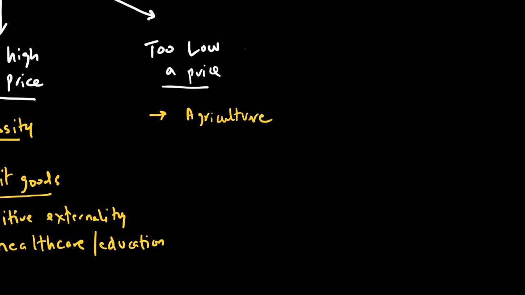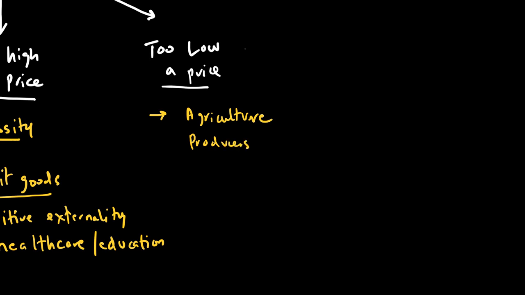And if they don't produce the good, they could go to different sectors, which would mean agricultural goods may have a long-term reduction in supply. So you may want to intervene in agriculture and give support prices, to make sure that the supply stays constant or strong. That's because if the price is too low, there won't be enough profits for producers to produce. So a lower price could be bad news for producers.